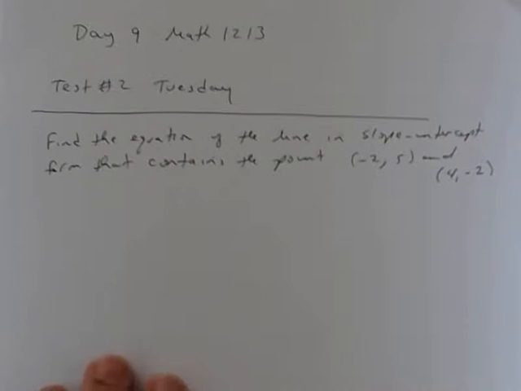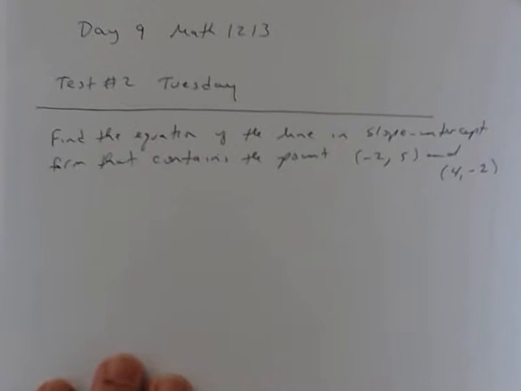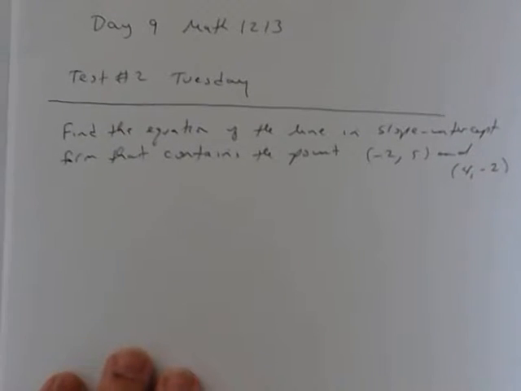All right, so find the equation of the line, and you'll write it in slope-intercept form that contains those points.